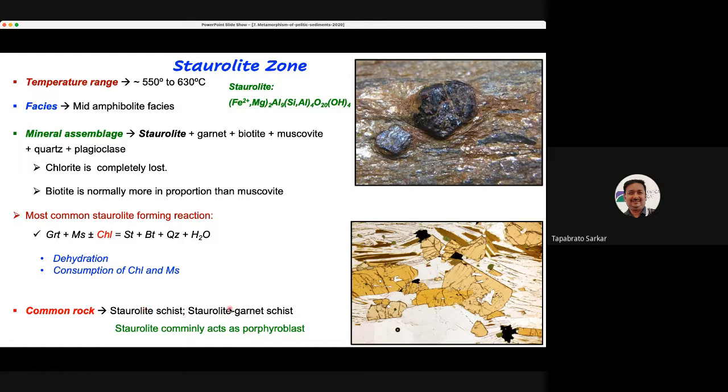Therefore, we can also call it a staurolite garnet biotite schist or staurolite biotite schist. There's no problem denoting that biotite is the dominant schistose mineral here. Like garnet, staurolite commonly acts as a porphyroblast, like what you see here.